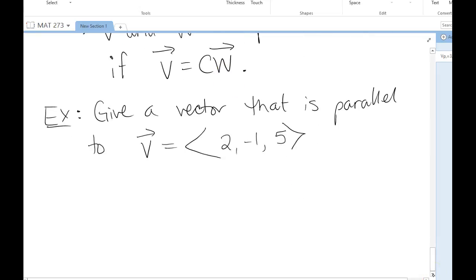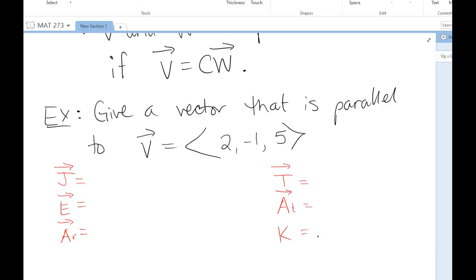All right, so every single one of us is going to give an example of a vector that's parallel to that. So we've got Joa, Eason, Arturo, Tyler, Adam, and Kirby.